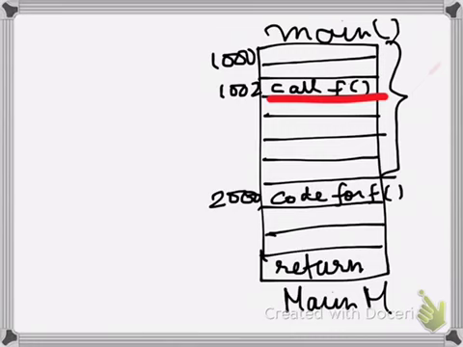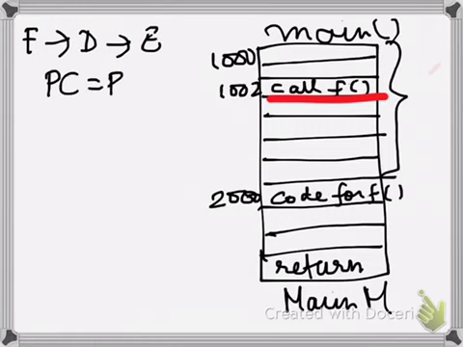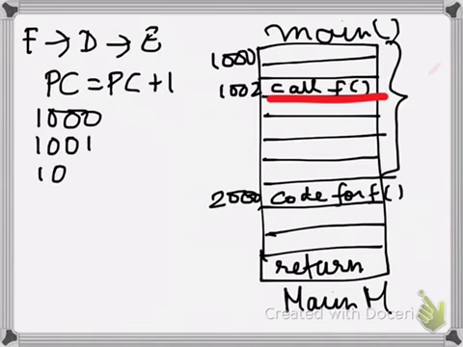As we have discussed earlier, after fetching the current instruction, the program counter is always incremented to the next instruction. So it starts from 1000, first instruction executed, then it goes to 1001, second instruction executed, then it goes to 1002. Now there is a change.